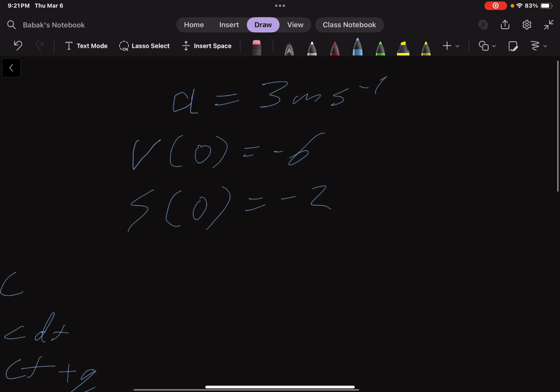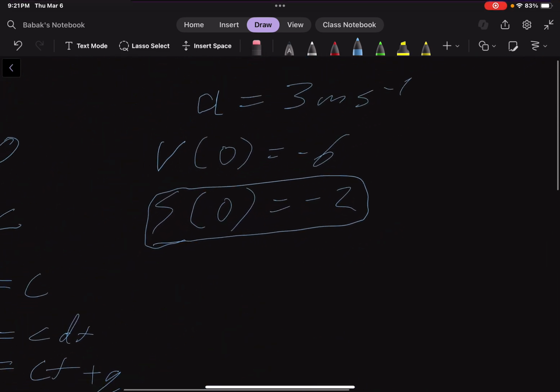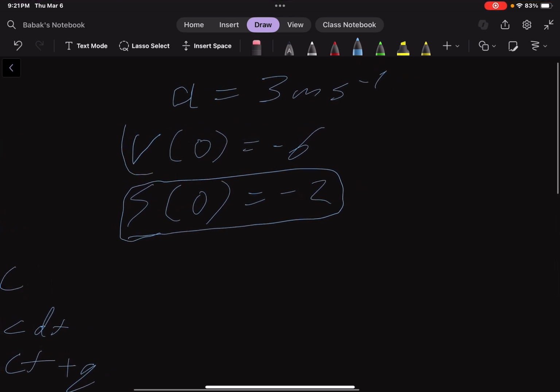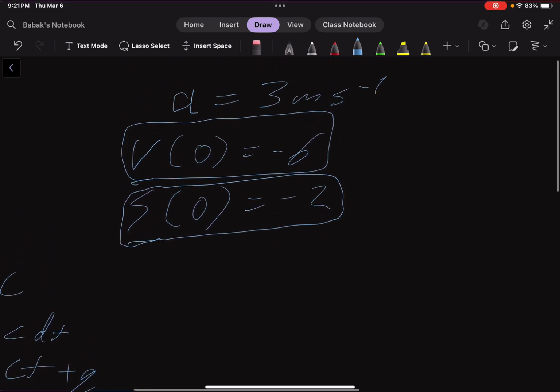Now, if you pay attention, the -2 would be equivalent to the d beforehand, and likewise with velocity, the -6 would be equal to q. Now, we could have v at 1 or v at any other value. However, this simplifies it. Now, once again, taking the derivative, dv/dt is equal to 3.